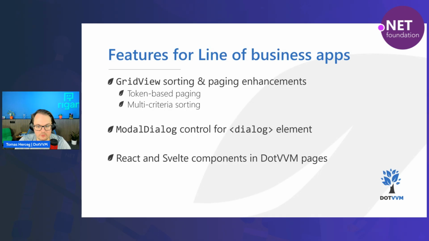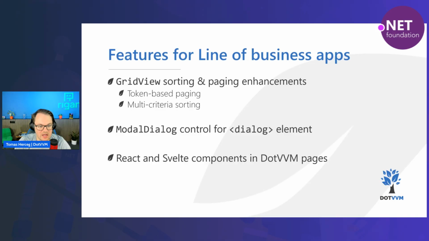And we have some customers who need to use very complicated components in .vvm pages, and because .vvm is a custom framework based on the old Knockout.js, it's not that easy to find all components, especially if you need some special charts or editors for diagrams or things like that.